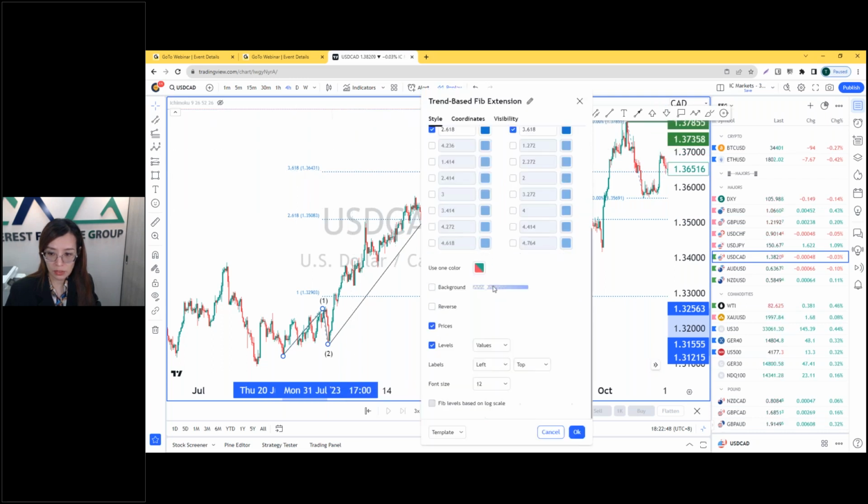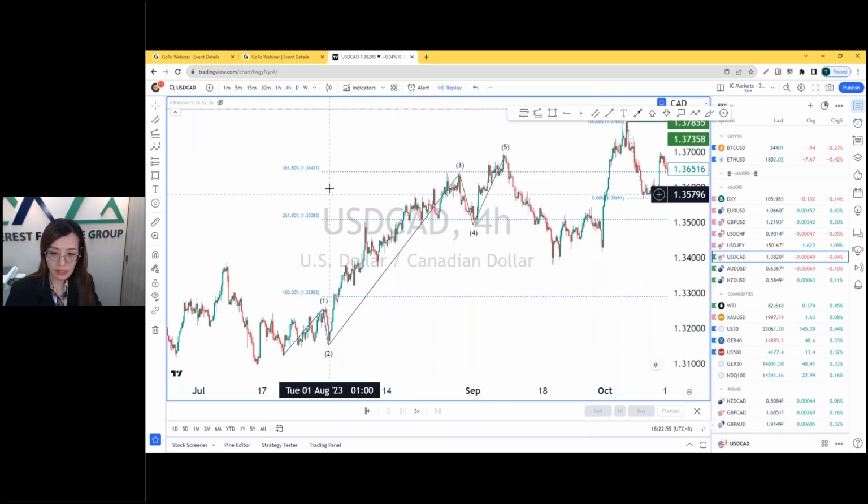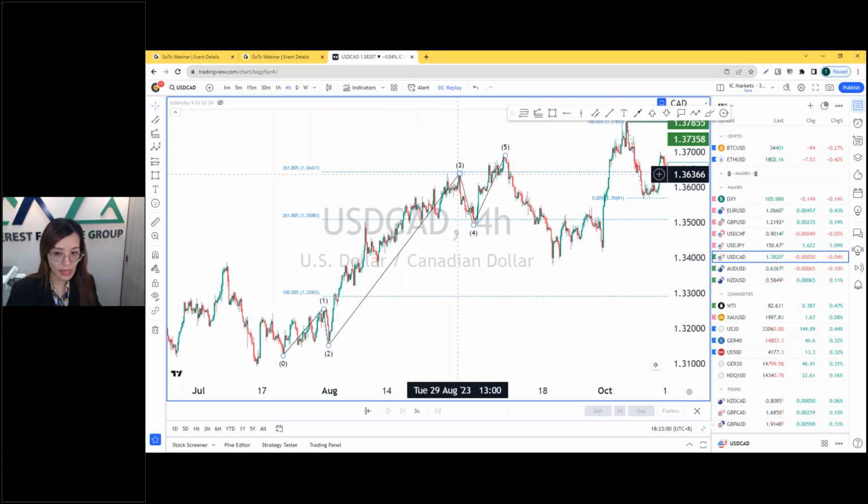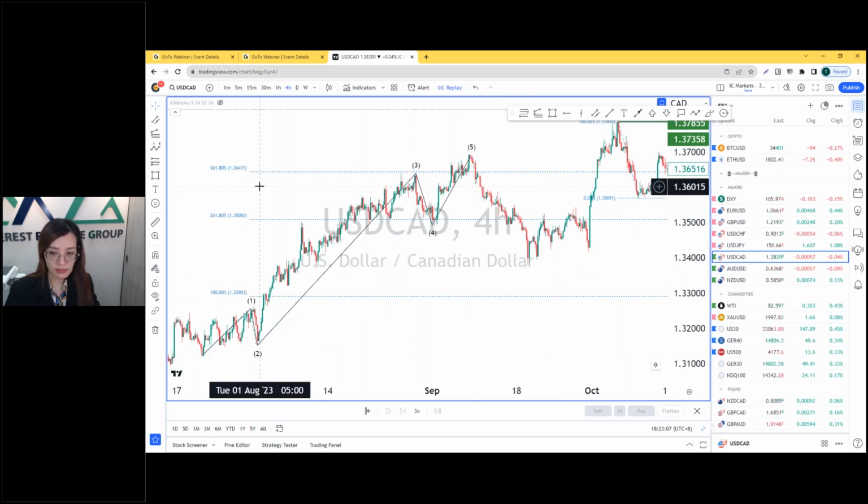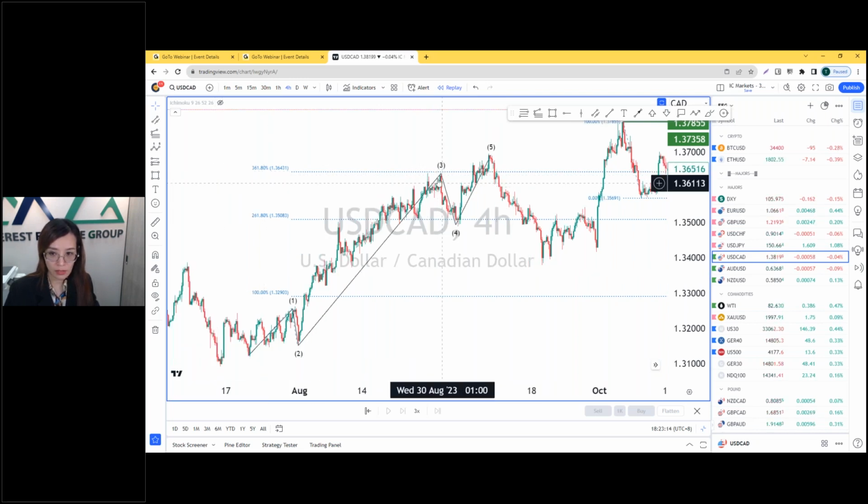Basically, I changed to the percentage. Like I say, it's extremely rare that wave 3 will go up to 361.8% projection. But in this case, what you can see is it ended at 361.8% projection. These are wave 3. So now, the ending of wave 3.